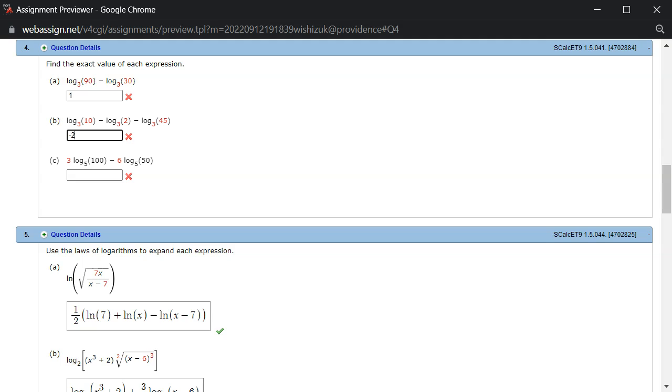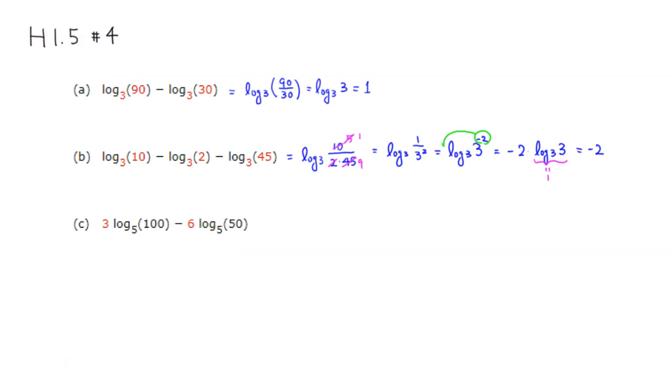All right, how about part C? First thing I would do is write the 100 as, let's see, if you decompose it, so maybe I'll do it here. 100 is an even number, so divide by 2, so you get 50, right? Actually, I'm going to keep this because I have a 50 here.